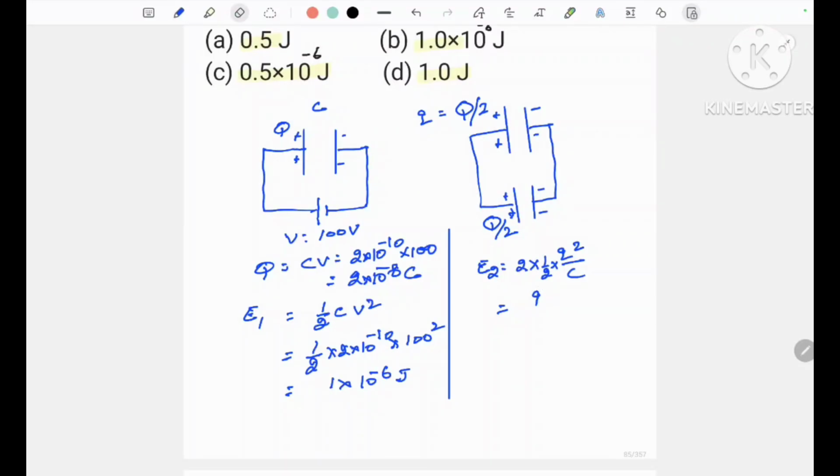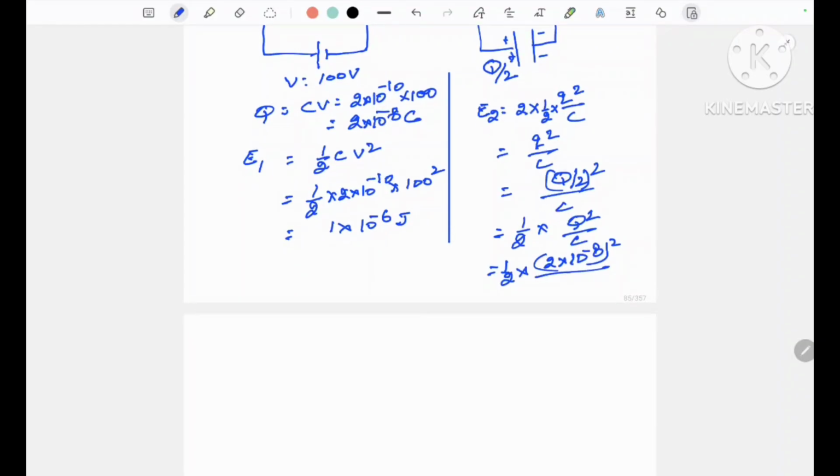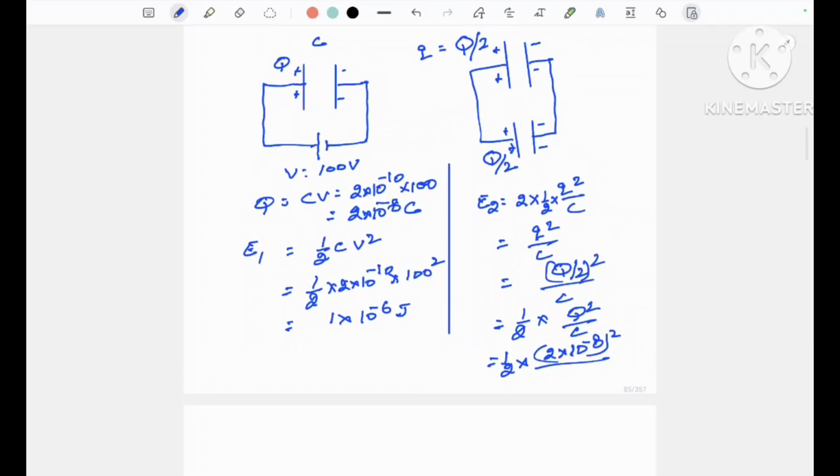This is q square by c and q is q by half square by c, half q square by c, and q is 1 upon 2 and q is 2 into 10 to the power minus 8, square by c.